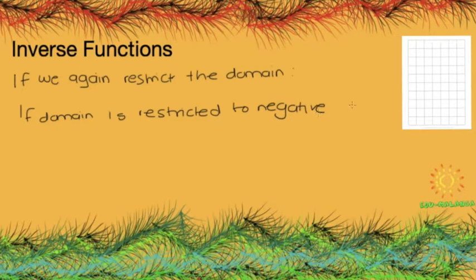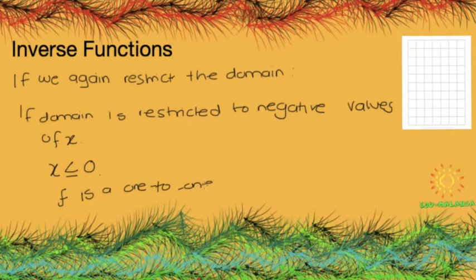In this case, I am restricting it to negative values of x. So now I'm looking at from 0, negative. So x becomes a number that is smaller than 0. That's how you write that. If the open side means the bigger, so 0 becomes bigger. Then f is still going to be a one-to-one function, and so will the inverse.